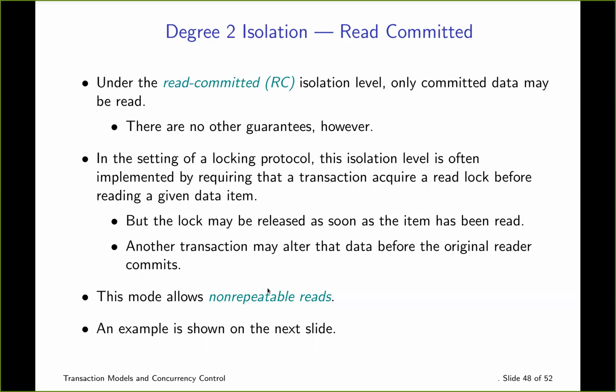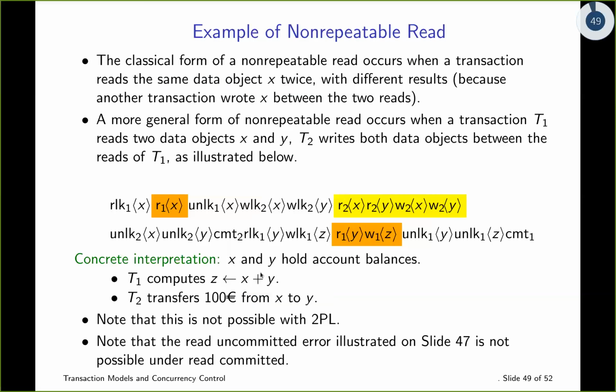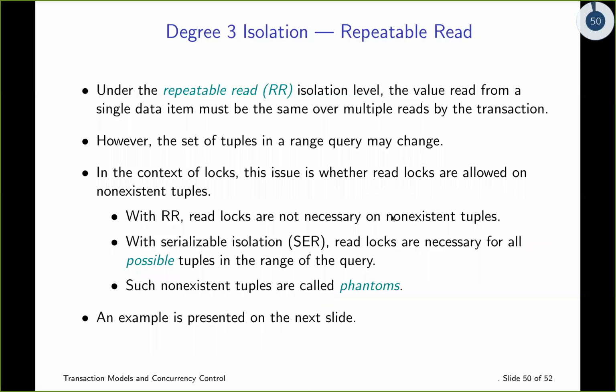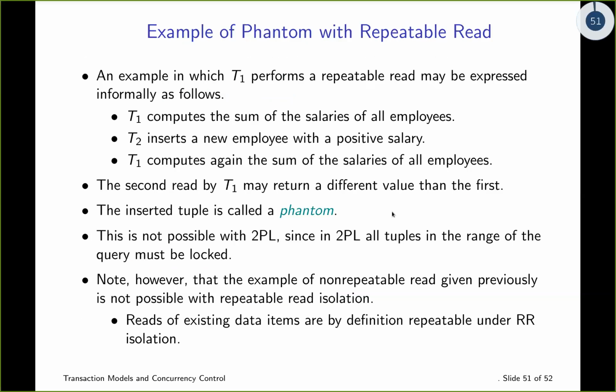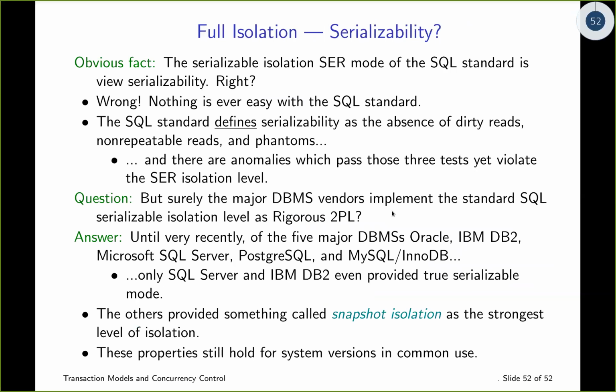In one case, you get the values for the employees with their salaries, and you do it again within the same transaction, and the read changed because somebody else committed underneath. So here's an example of that. And then repeatable read has the issue with phantoms.